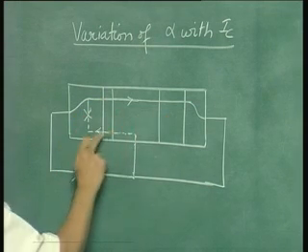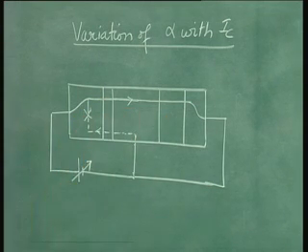These are the holes, they are the electrons. We have neglected the recombination in the base because that is the situation in modern transistors.